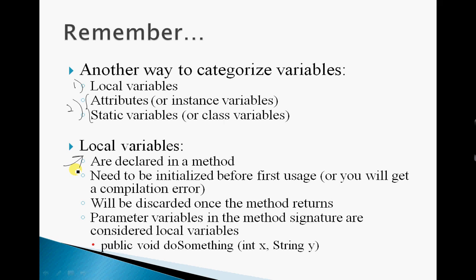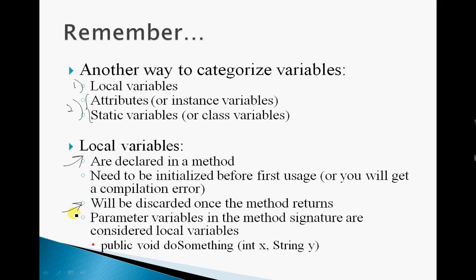Attributes do not need to be initialized, although it's a good idea to do so, because they'll always be given default or initial values: 0, null, or false. But local variables will not be given default values, and you must explicitly give them a value before you use them. Local variables will be discarded once the method returns.